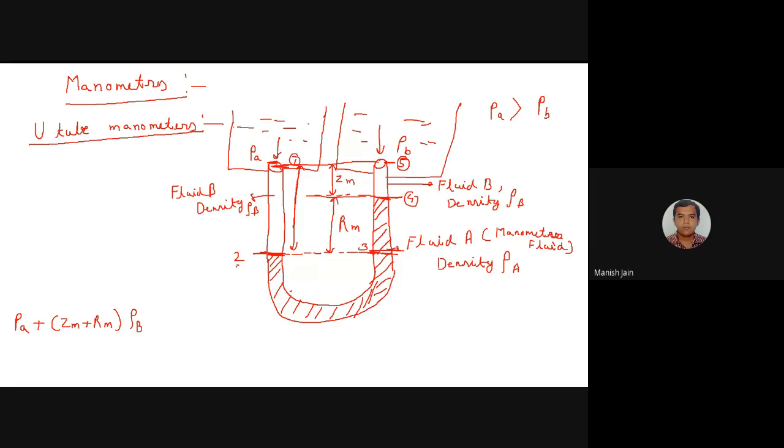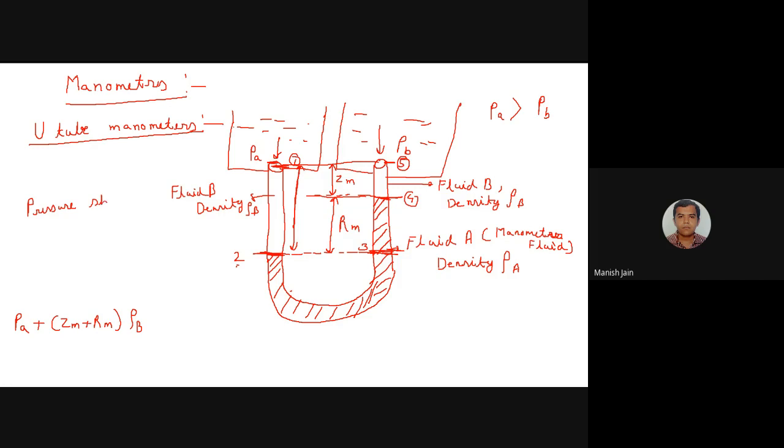Because these 2 points are at the same elevation, this point and this point are at the same elevation, you should have the same pressure at point 2 and at point 3. Pressure should be the same at a stationary condition when fluid is not flowing.